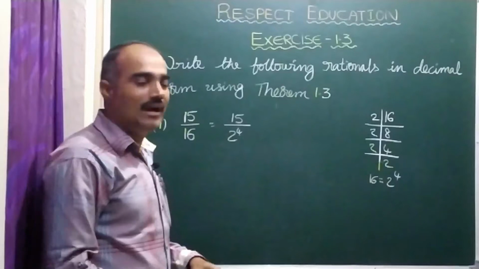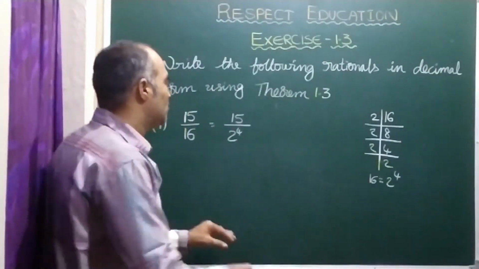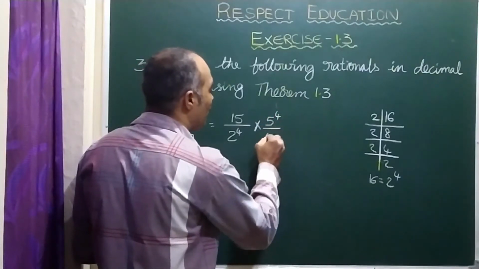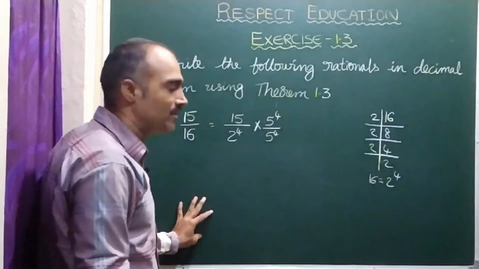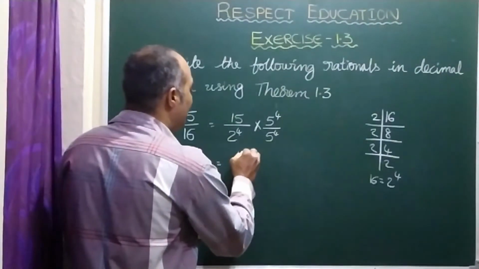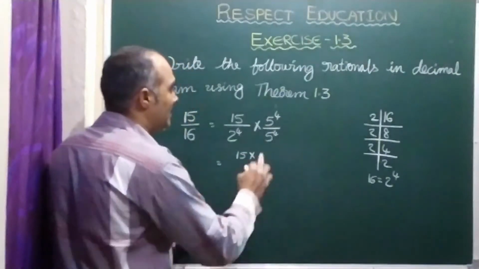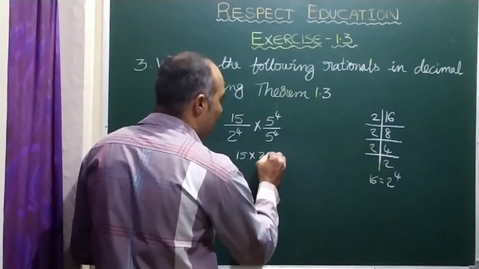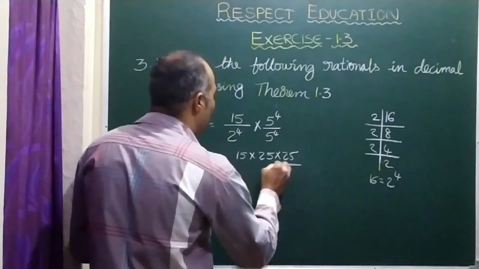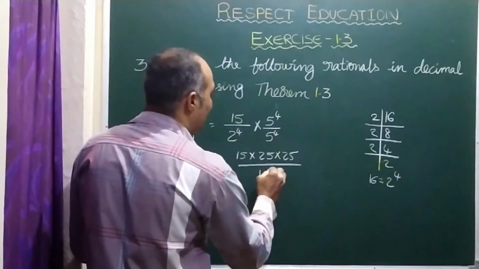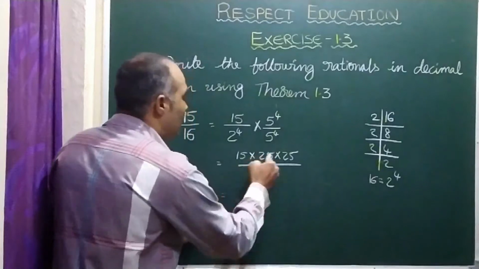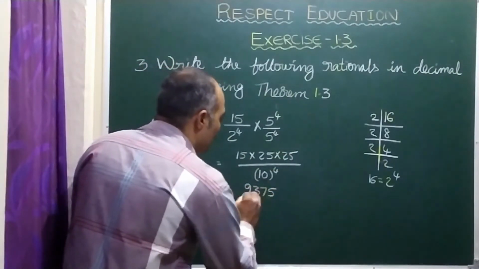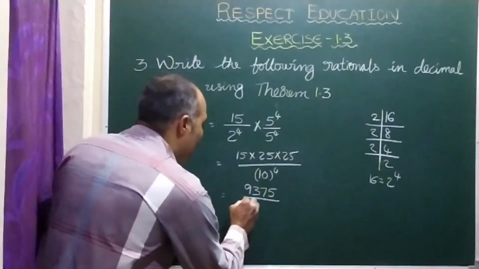Those many 5s are required. 4 are there. So immediately multiply and divide with 5 power 4. For our calculation we are doing 5 square into 5 square, children. 5 square is 25, one more 5 square is 25, and 2 5s are 10, so 10 power 4. If you multiply, you will get 9375 by 10 power 4, that is 1 followed by 4 zeros.